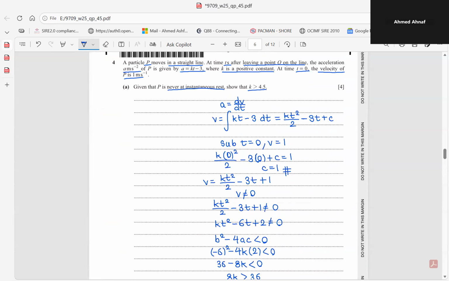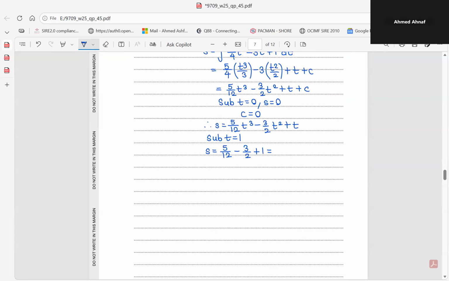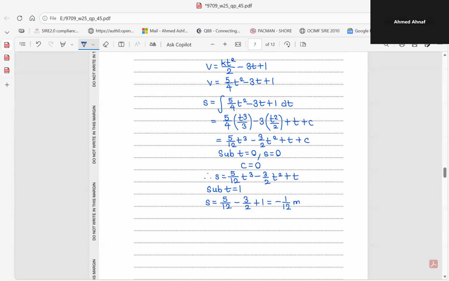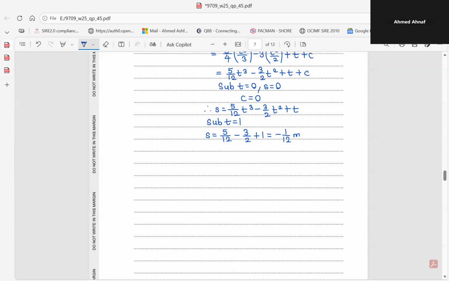That's strange. Okay, I believe, yeah, you'll get minus 1 over 12 meters. Don't panic. This just means that the direction of displacement is not in the direction of movement. So it's moving in the negative direction. Now let's substitute t equals 3.